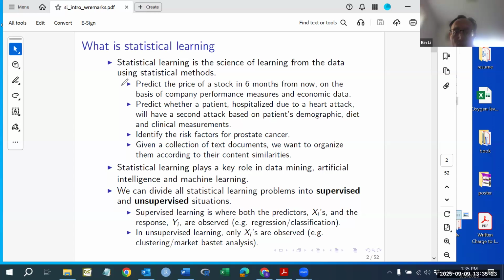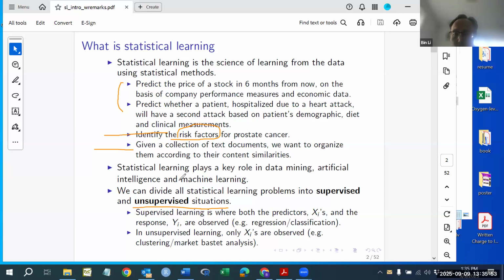So you can see the first two are based on predictions, so they focus on the predictions, right? And the third one is trying to understand some features of the black box, like what are the most important influential risk factors for prostate cancer. And the last one, which you will see later, is called the unsupervised case.